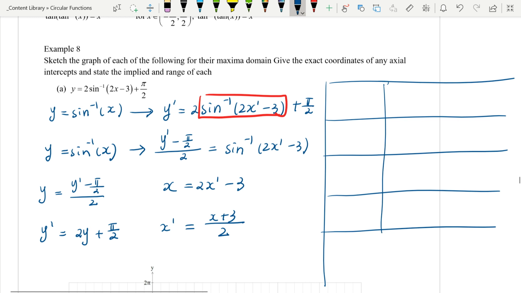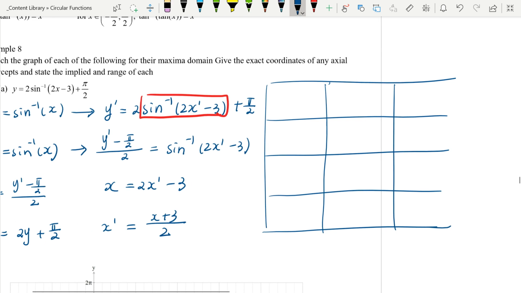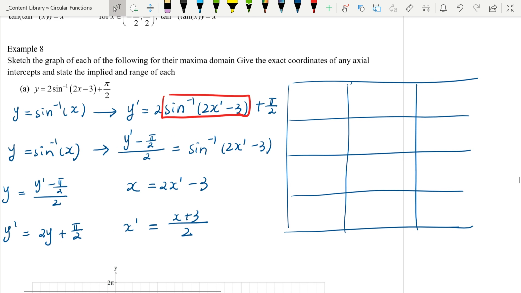Draw a table like this. Does anyone remember, from left to right, what the 3 points on the sine inverse graph are? -1, -pi over 2; 0, 0; and 1, pi over 2.